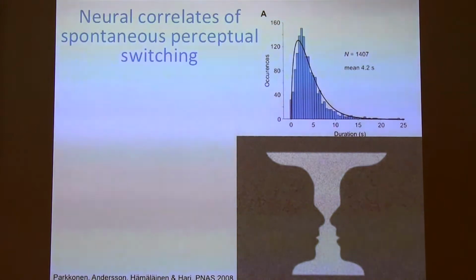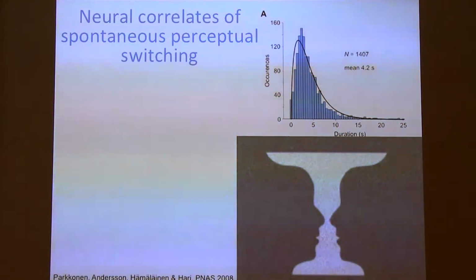Sometimes you see the vase and sometimes you see the faces. But if we would like to look at the brain correlates of that, then if we would ask the person to always indicate, okay, now it changed, it's far too slow a trigger for our analysis.